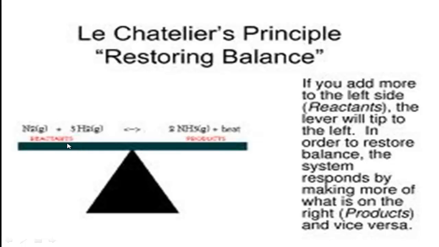If we add more on the left side, that is the reactant side, then the lever will tip to the left. That means this side will be down, isn't it? So to restore the balanced position, what do we have to do?